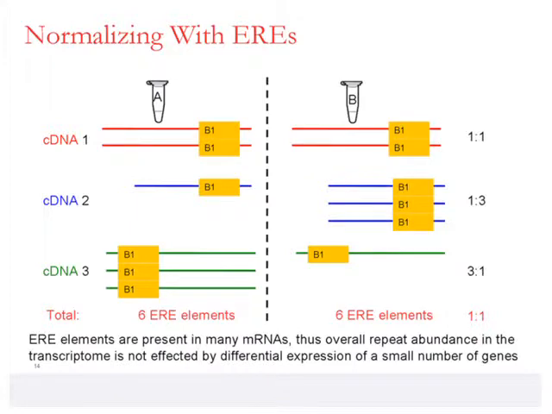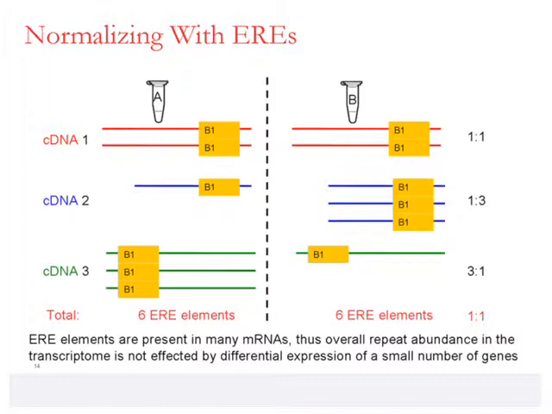In this example, samples A and B have been collected from 2 different assay groups, such as treated and normal control samples. Gene 1 in red is unaffected by assay conditions. Gene 2 in blue is upregulated in samples B compared to samples A, and gene 3 in green is downregulated in samples B compared to samples A. Even though expression of B1 elements is different for each gene, the overall expression of B1 elements is stable, in this example at 6 expressed B1 elements.